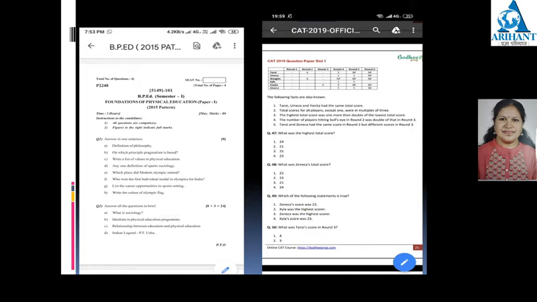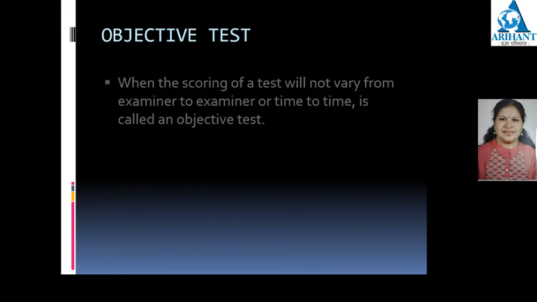Which one is the easiest one to attempt? Definitely the objective type one. Many things come to your mind when you look at these pictures. So today we are going to discuss in detail the objective type test.